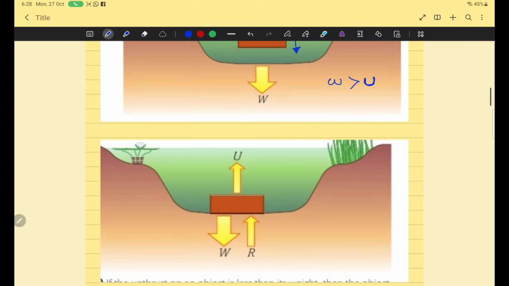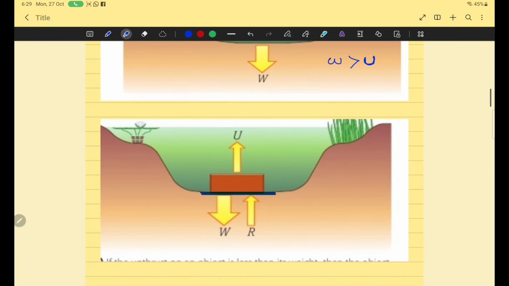And when the block reaches the base of this water reservoir, it is now in contact with the base. When an object is in contact with the base, there is a contact force acting on the object, and this contact force is the normal reaction force.